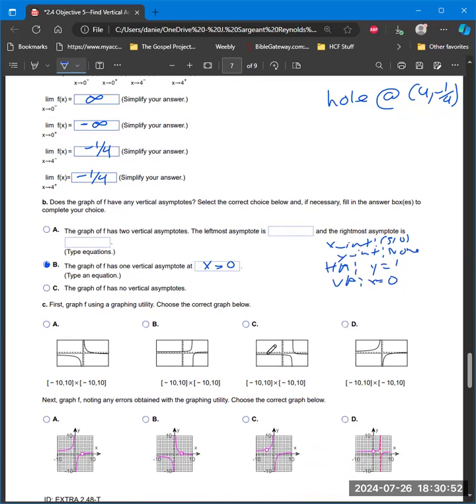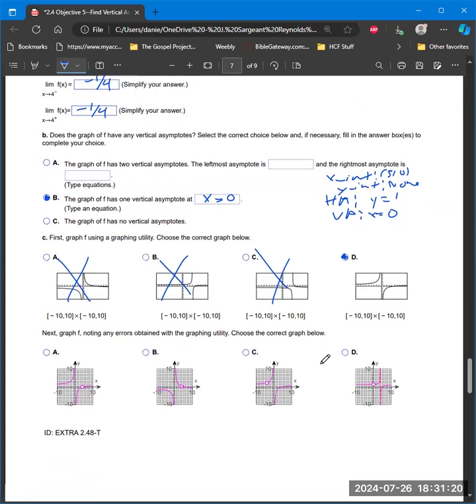So horizontal asymptote of y equals 1 is going to give me B or D. And there's no y-intercept, so can't be B, it's got to be D. All right.